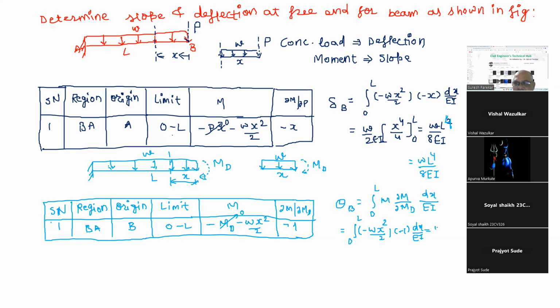If you take W by 2 common, then we have x cubed by 3 and EI, from 0 to L. And from this I will get theta B equal to wL cube upon 6 EI. So likewise we have to go through these problems related with Castigliano's first theorem.